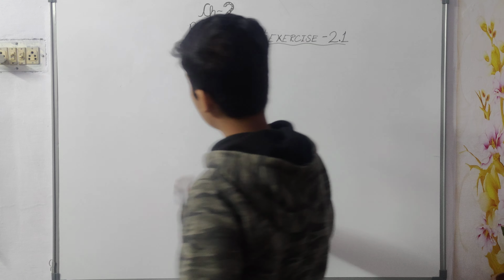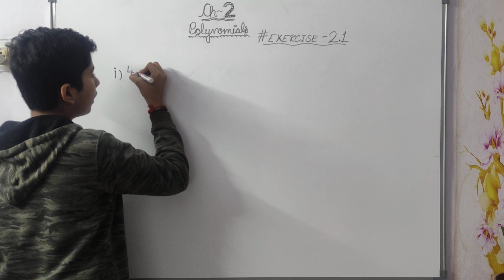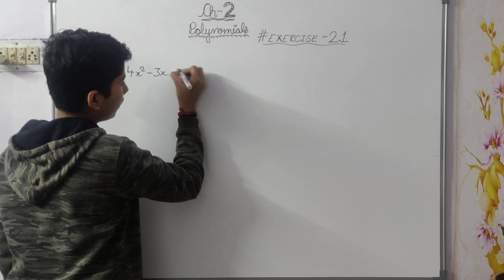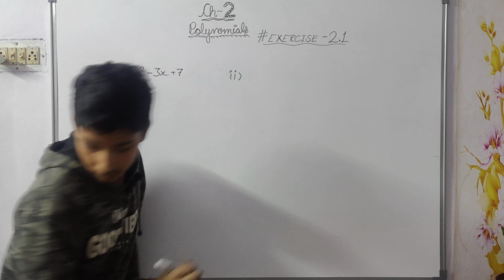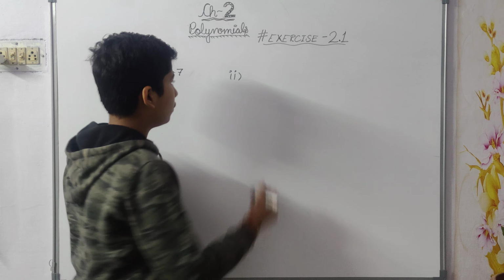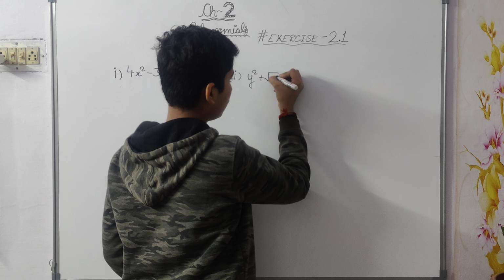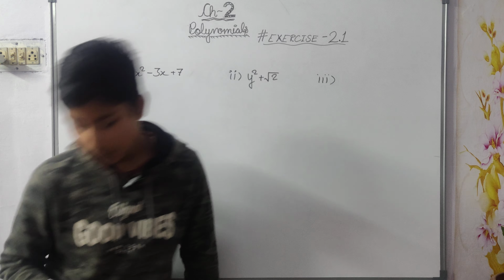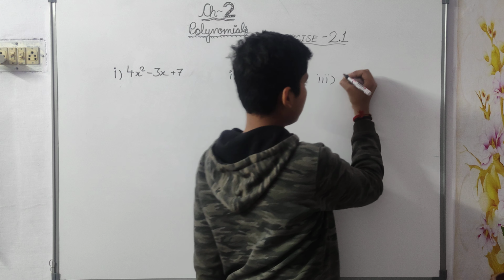First is 4x square minus 3x plus 7. Now second one, y square plus root 2. Third one, 3 root t plus t root 2.